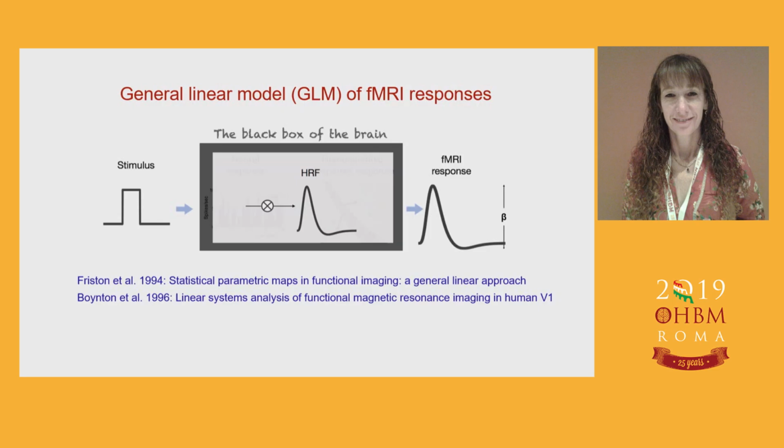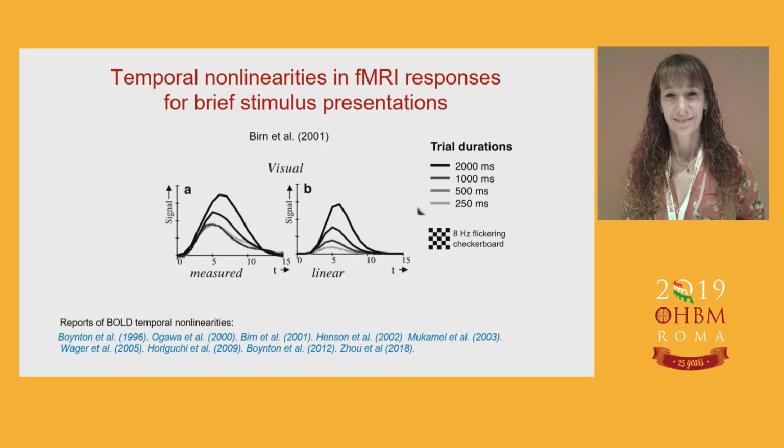But as John mentioned, and as also observed from the earliest fMRI days, the linearity fails in many situations. One situation where this fails is when stimuli are presented for short durations. For example, the prediction of the linear model doesn't follow the measured data from V1, as shown by Boynton and colleagues already in 2001.